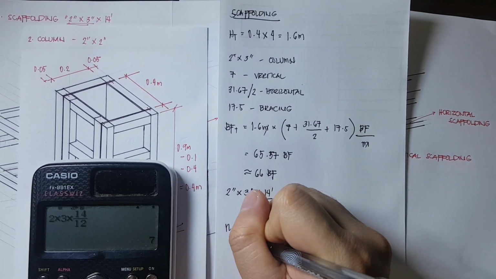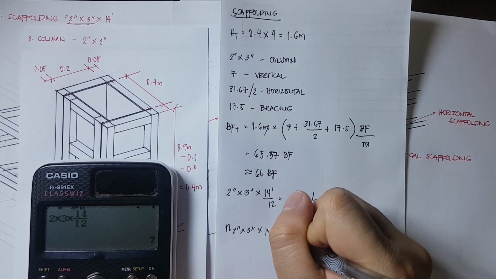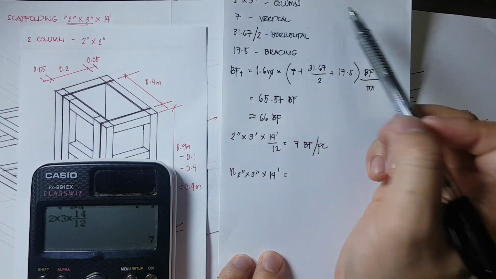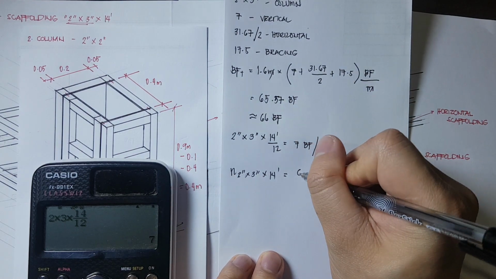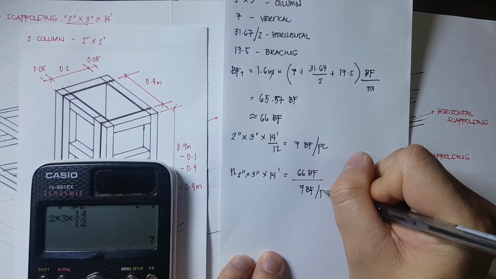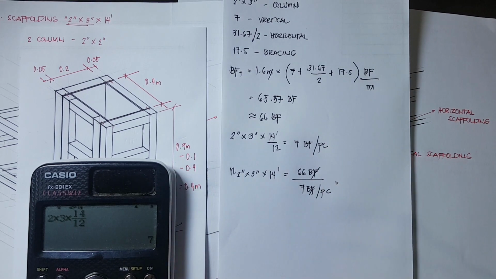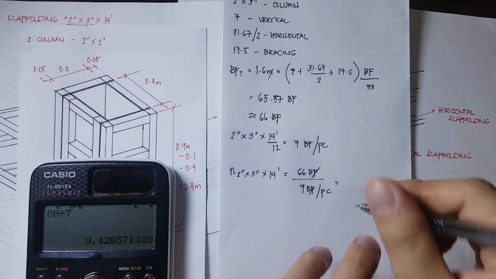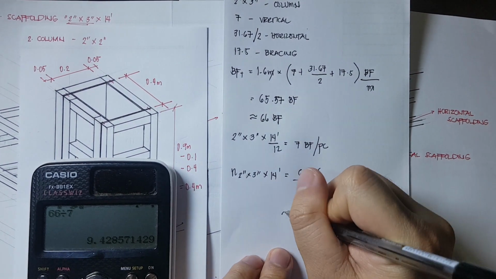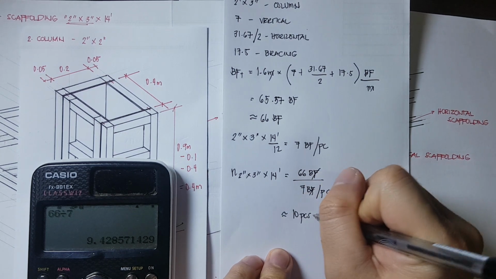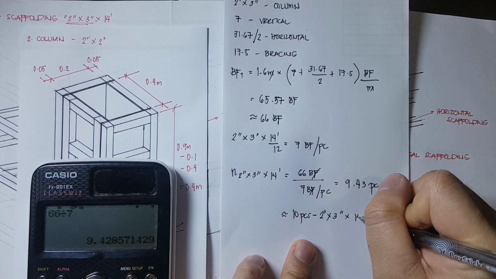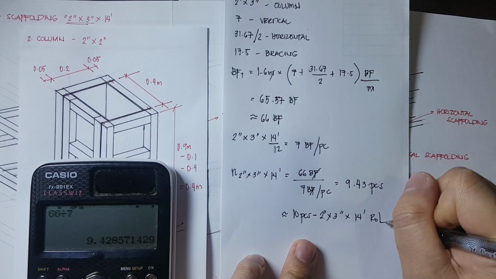So the number of pieces is 66 board foot divided by 7 board foot per piece. Board foot will simply cancel out. Therefore, the number is 9.43 pieces, and that is equivalent to 10 pieces of 2 inch by 3 inch by 14 feet of rough lumber.